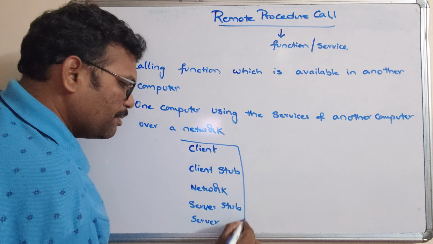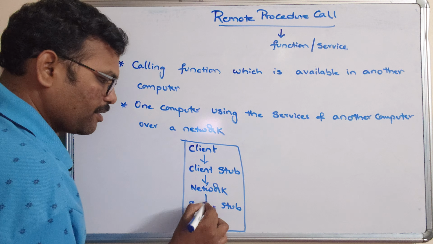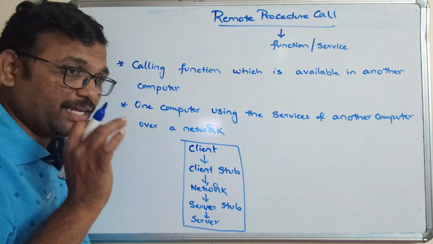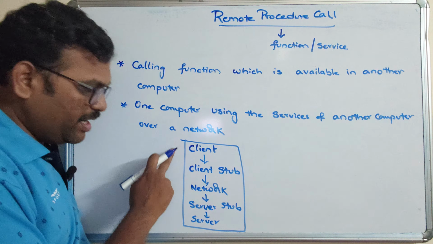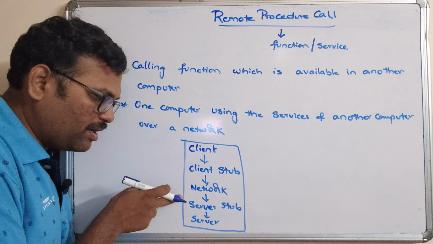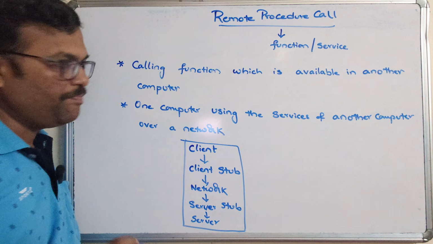So this is the process done in RPC, remote procedure call. So we'll see what exactly the steps will be done in all these cases. Okay, so client stub, network to server stub and server stub to server.